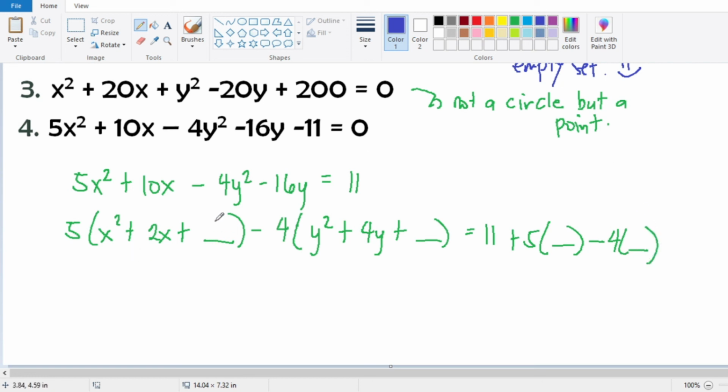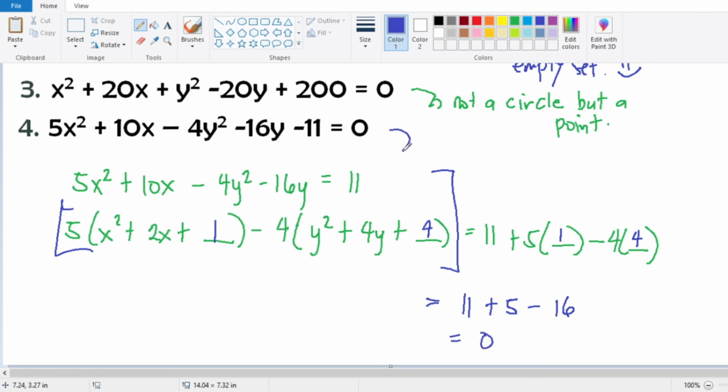The missing number here is 1. The missing number here is 4. They have their 1 and 4. Again, disregarding this part already. So you have 11 plus 5 minus 16. Oh, yan. So it's equal to 0.